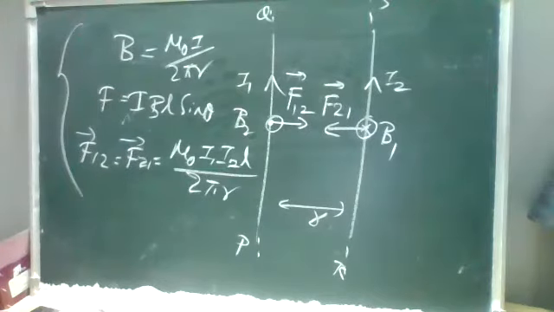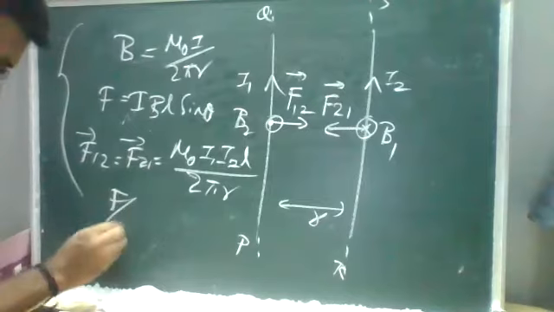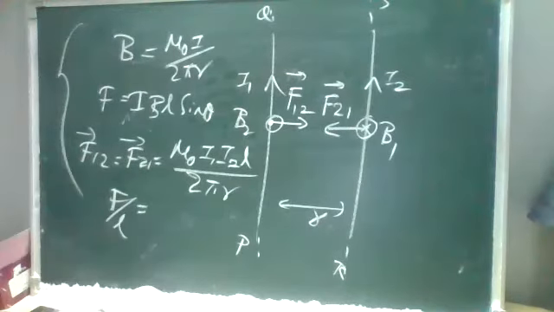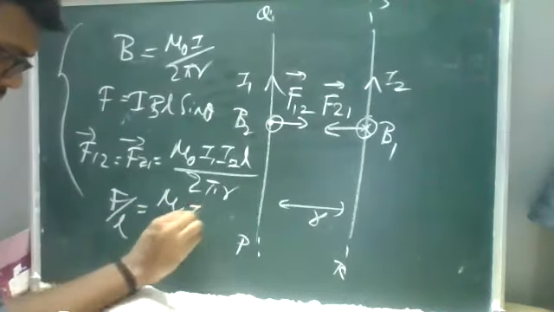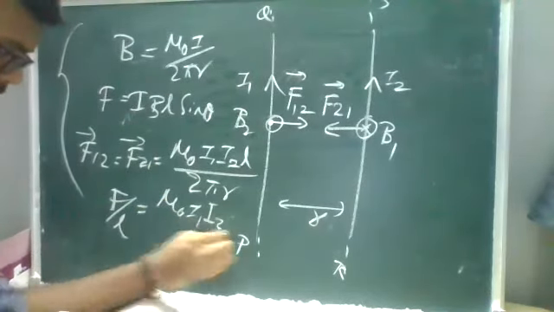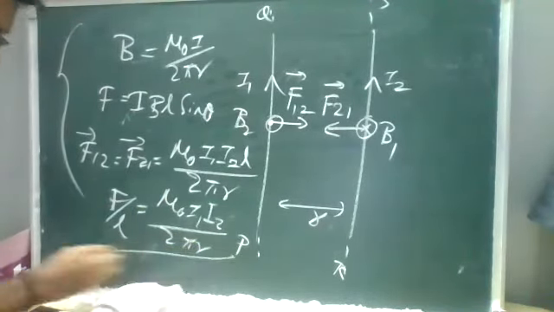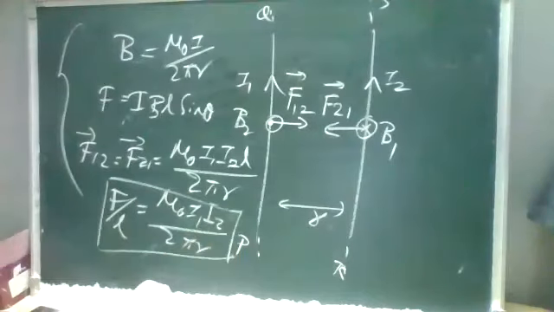There is one more thing called force per unit length. Sometimes they'll ask questions on force per unit length. It is mu naught I1 I2 by 2 pi r.